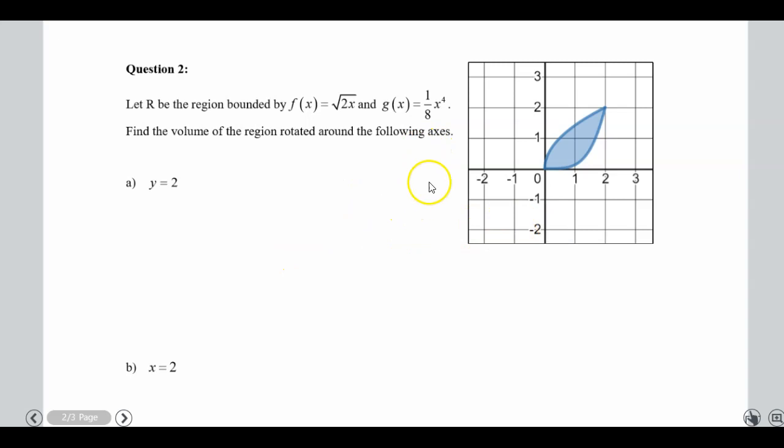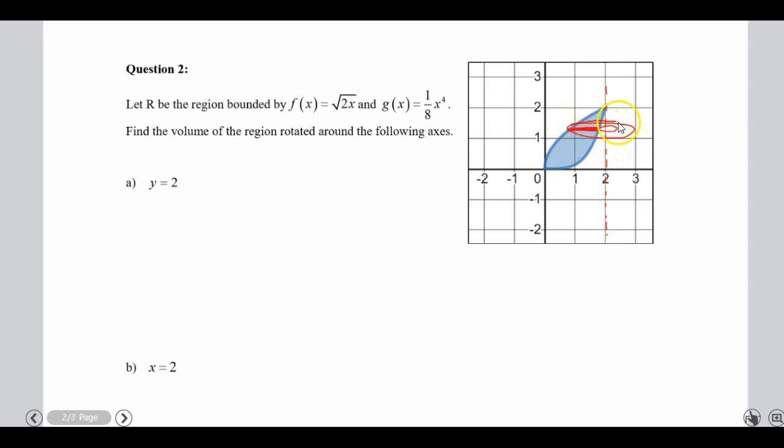And we're doing x is 2, so that would be the vertical axis right here. And if we're doing that, then we want to make sure we're using, for washers, these horizontal rectangles right here. Again, a little bit later on, there's another method that uses vertical, but for washers, you're going to need these perpendicular pieces that are right here.